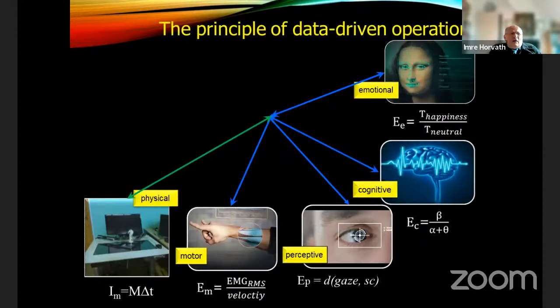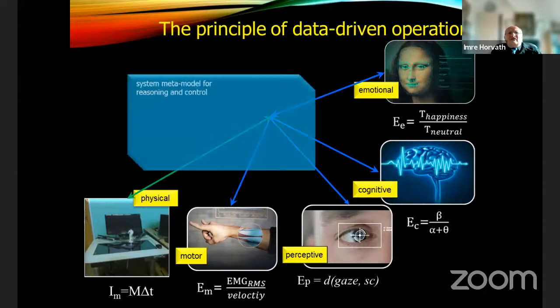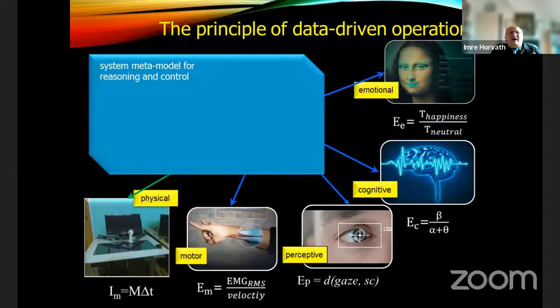Obviously, the physical part had a role in that, because with this handle, when it was moved by the patient, we could measure the intensity of the work, the force and the resistance, and so on. All this information was put into a kind of meta model, a control model developed at runtime, which served for the purpose of reasoning as well as for control.